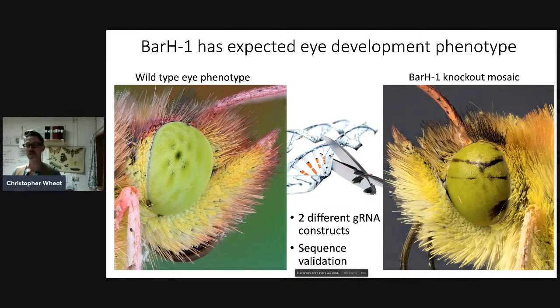And what we see is this: the butterfly has these patches of no pigment in its actual eye. And so this is a mosaic, a CRISPR knockout mosaic, showing that yes, indeed, the BARH1 gene does play a role in butterfly eye development, as we would expect from work in Drosophila. And it's changing a green eye to the absence of pigment, which in this case is black.